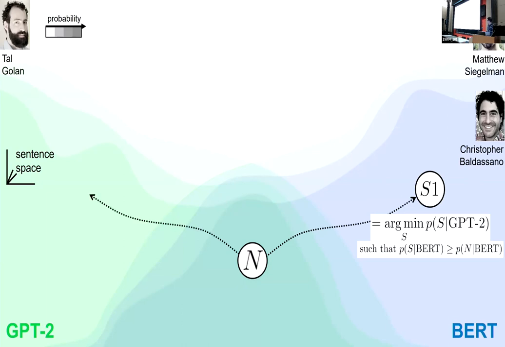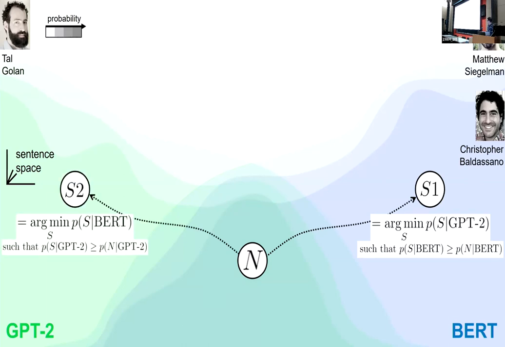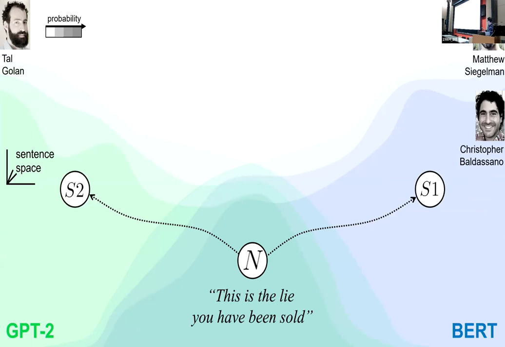And we can, of course, also do the opposite. So in this case here, if you start with a natural sentence, this is the lie you have been sold. When we minimize the probability according to GPT-2, we got, this is the week you have been dying. Perfectly grammatical, but sort of a weird sentence, right?